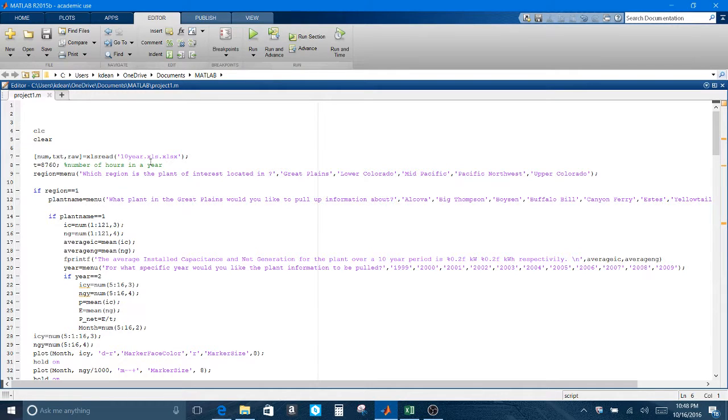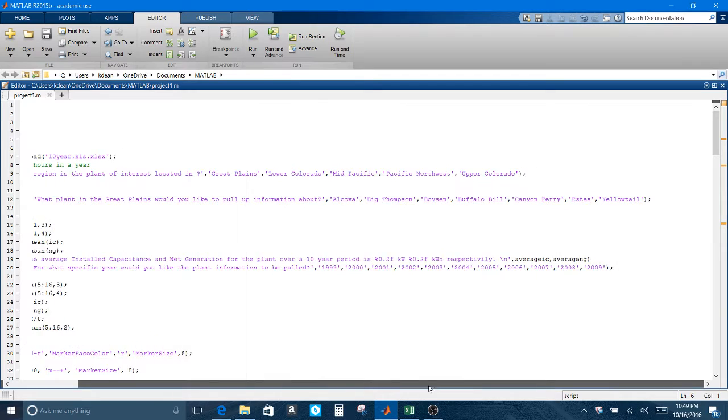And as you could see in our code over here, we started out by letting the user ask what location was the power plant he wanted to look up.